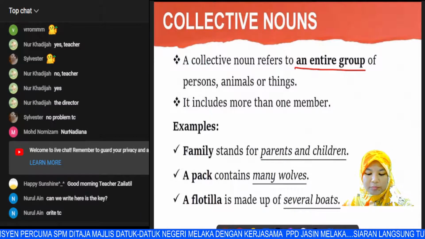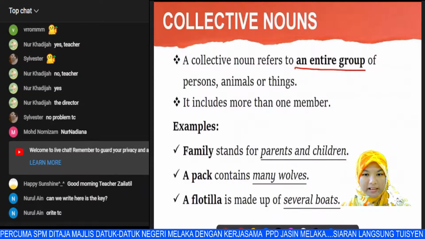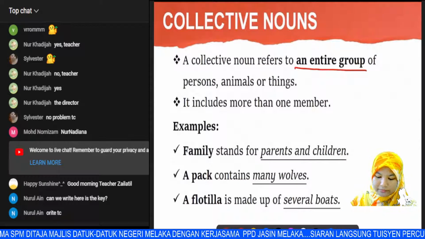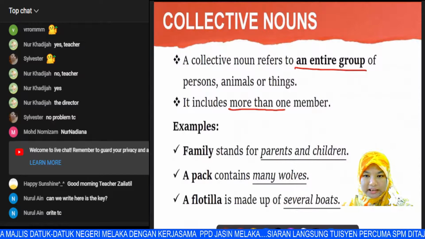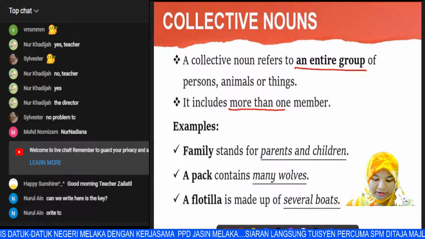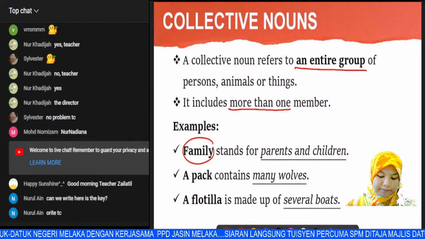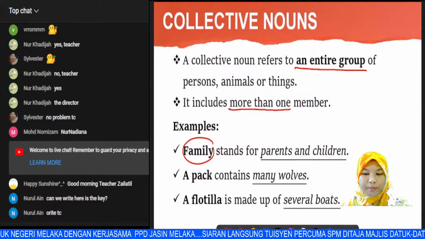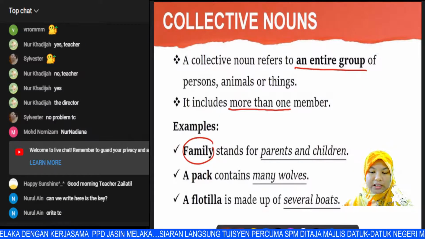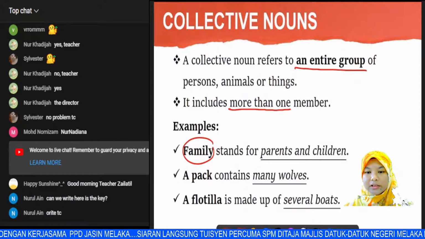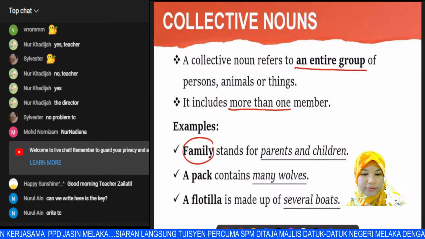It includes more than one member. Example, family. The word family here stands for parents and children. We use family to show a unit where we have parents and also children.